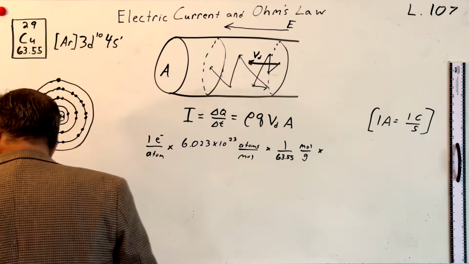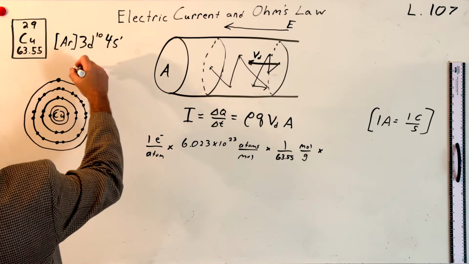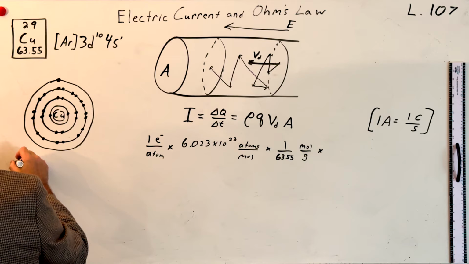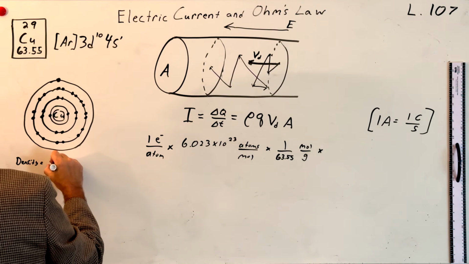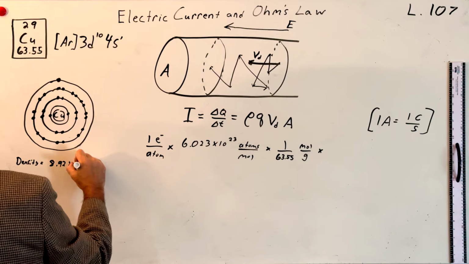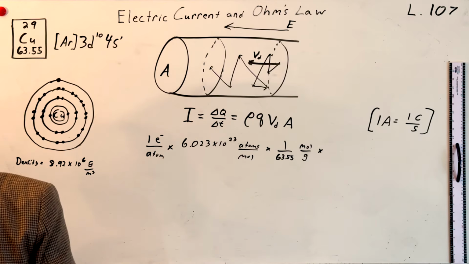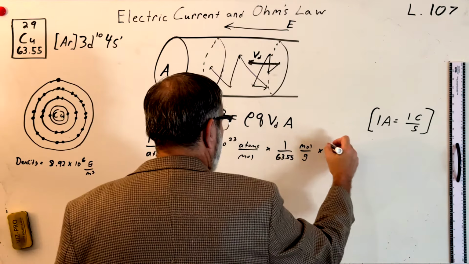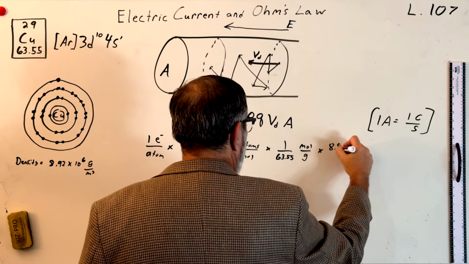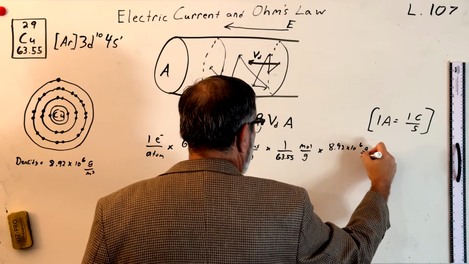Times one more piece of information that we needed, the density of copper. Its density is equal to 8.92 times 10 to the 6 grams per cubic meter. So I need to multiply times that density, 8.92 times 10 to the 6 grams per meter cubed.